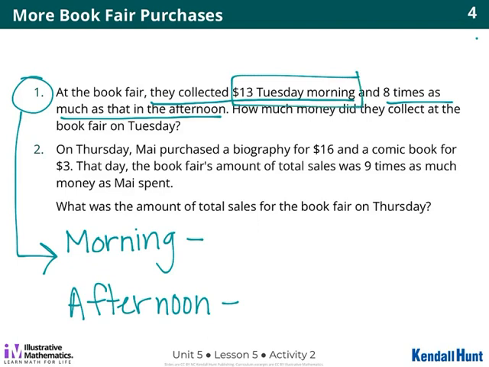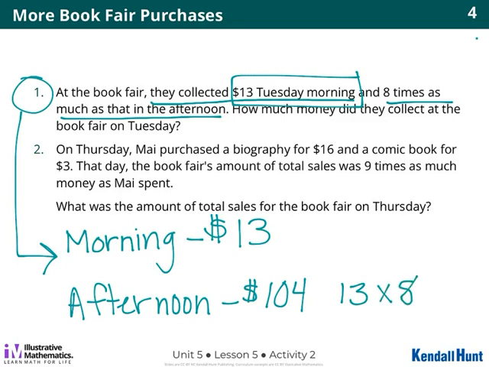Guys, that is straight from the problem right here. So we know they made $13 in the morning. How much did they make in the afternoon? 104. How did you get that? Because it says they made $13 Tuesday morning and 8 times as much in the afternoon. So in the afternoon, 13 times 8 would equal 104.